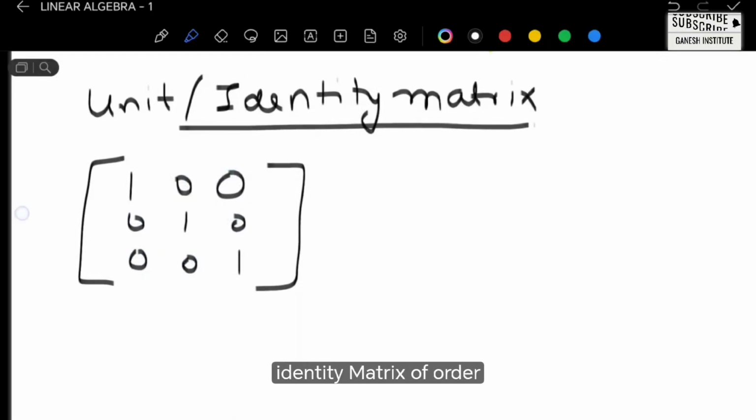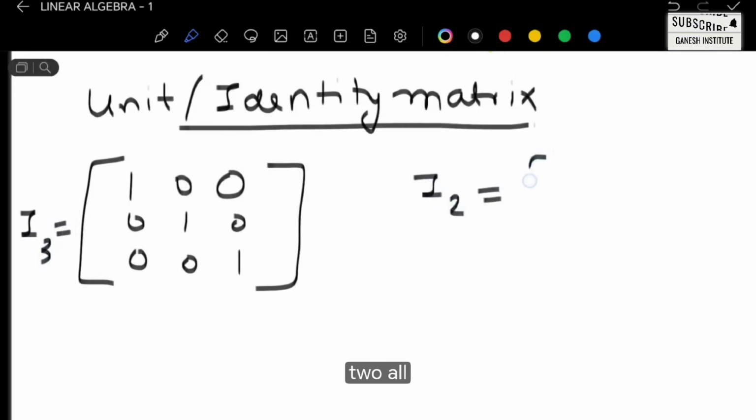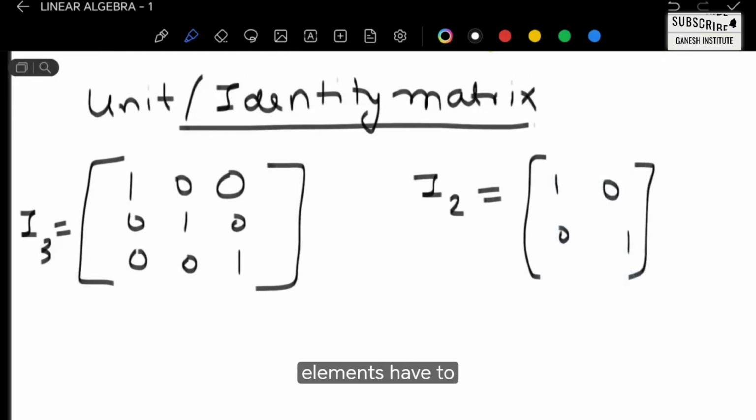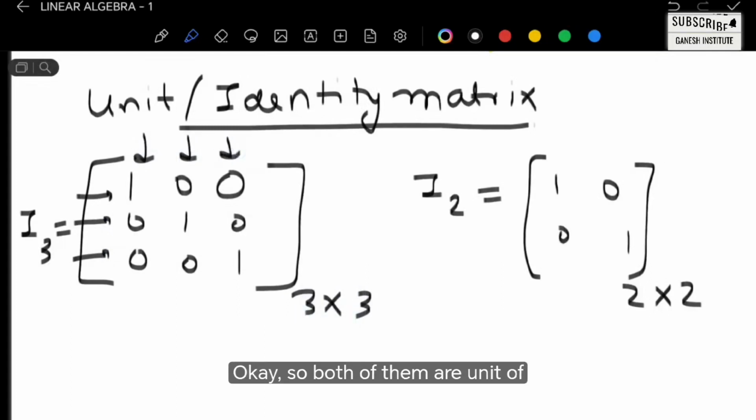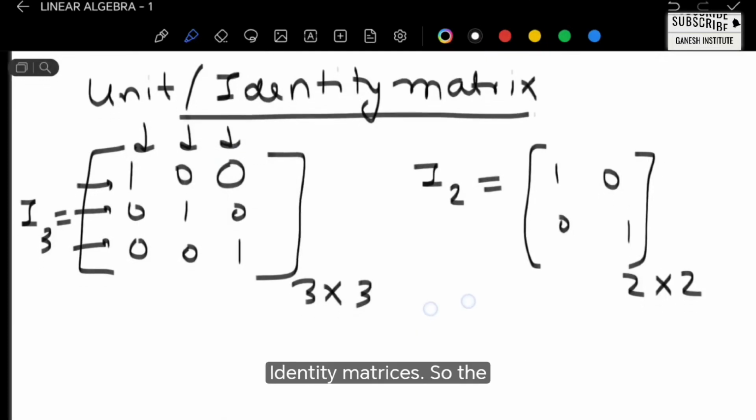So this is an identity matrix of order 3. When I say identity matrix of order 2, all the diagonal elements have to be 1. So this is the 2 by 2 order matrix. This is 3 by 3 order of matrix. Okay. So both of them are unit or identity matrices.